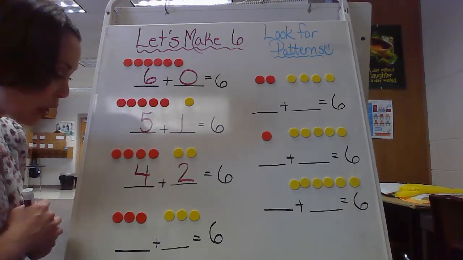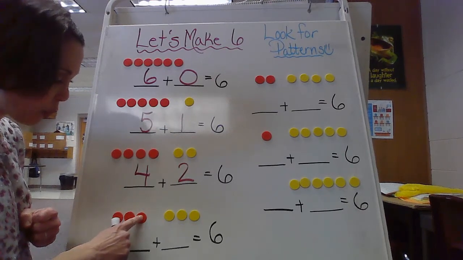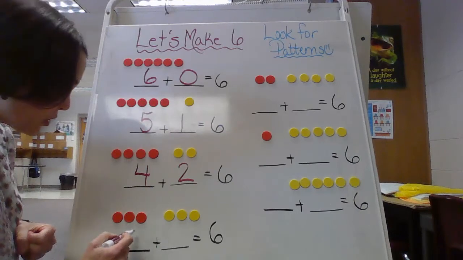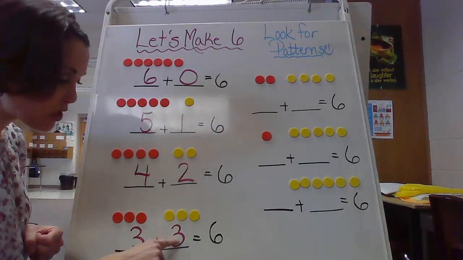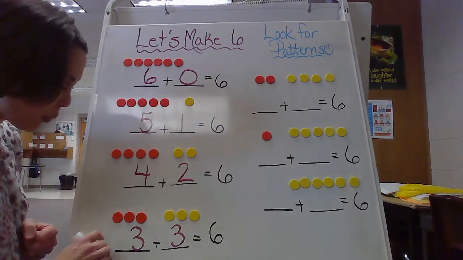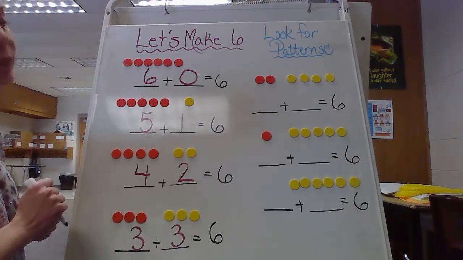Okay, keep on going. I have red and yellow again. 1, 2, 3 red, 1, 2, 3 yellow. So our number sentence here is going to be 3 plus 3 equals 6. Let's count them up. Make sure that's what we have. 1, 2, 3, 4, 5, 6.